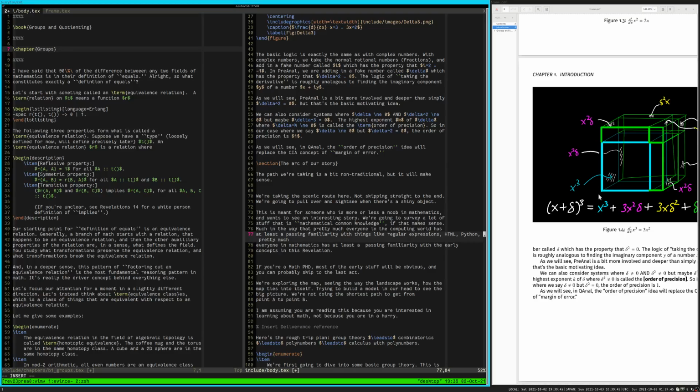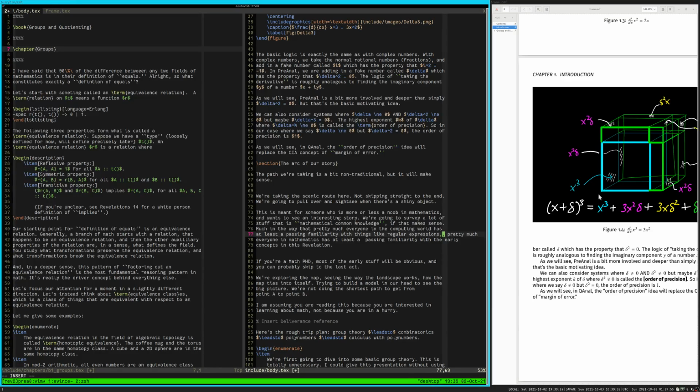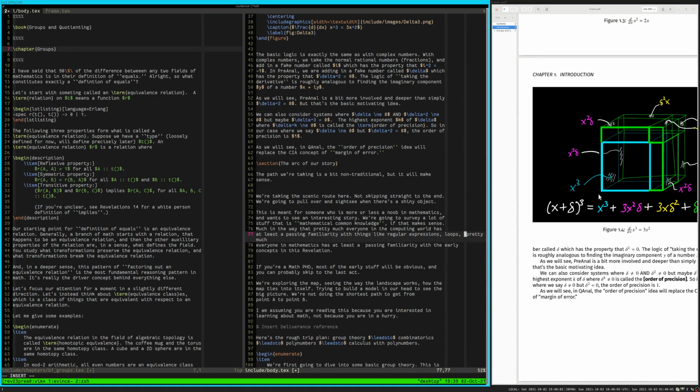Regular expressions, recursion, HTML, shell scripting, Python, object-oriented programming. No. This is a bad analogy.